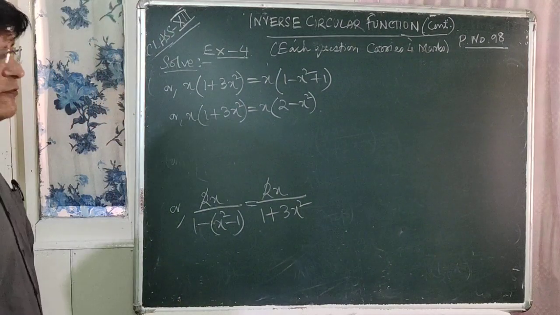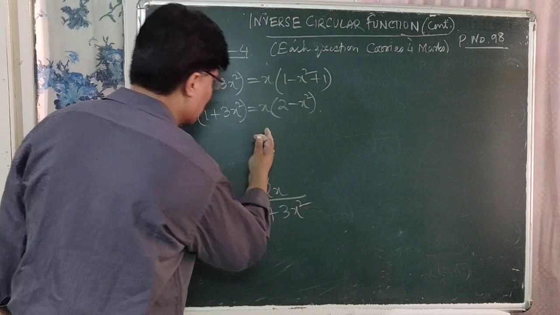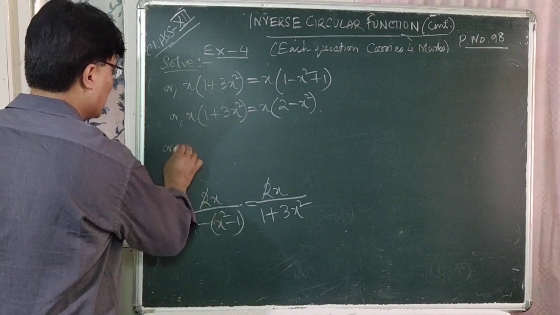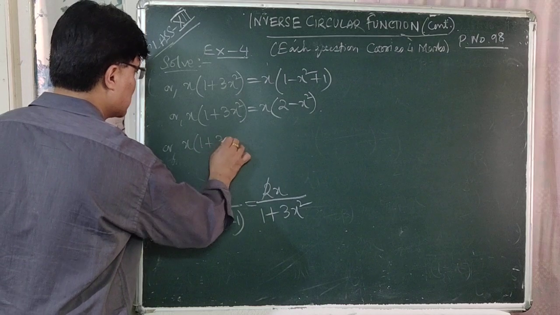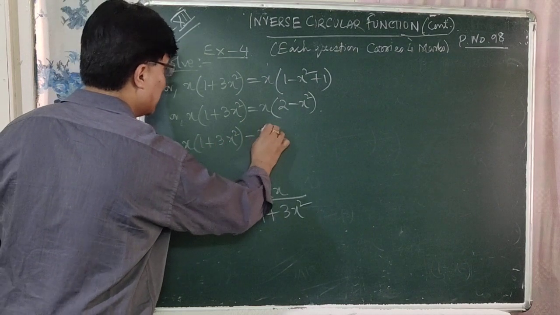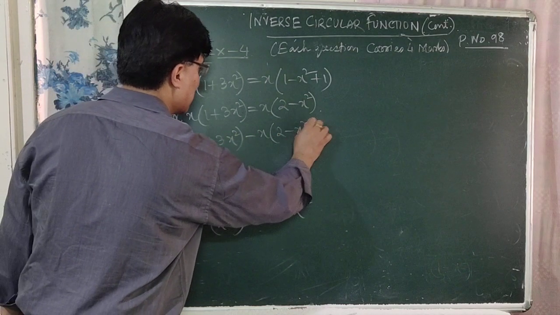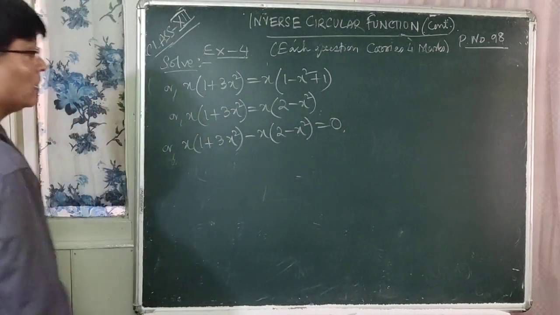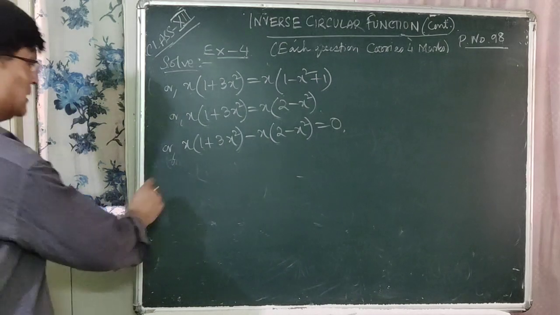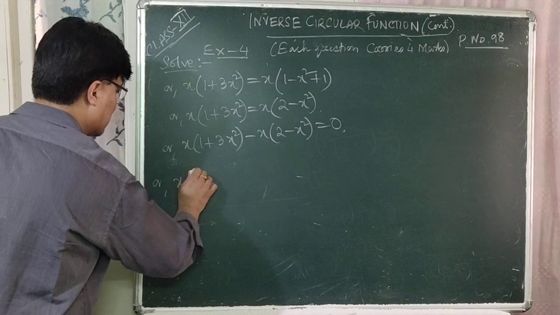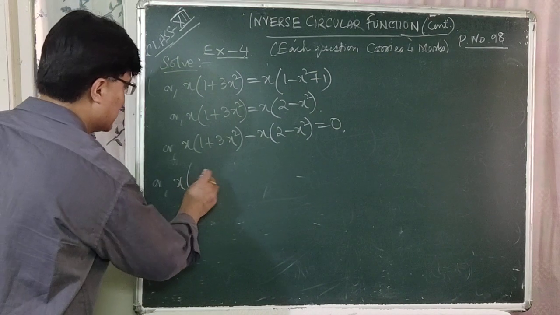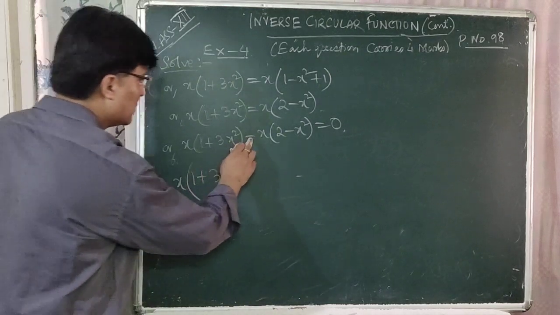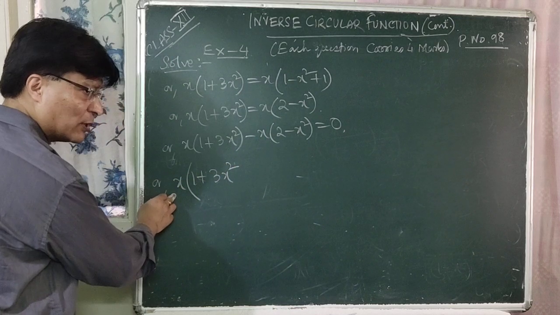Now you can simplify it further. Take the terms on the right hand side to the left hand side, okay? Or x into (1 plus 3x square) minus x into (2 minus x square) is equal to 0. Now what is common out here? It is x. Within bracket, what do we get? 1 plus 3x square, right? Then x is taken common already.